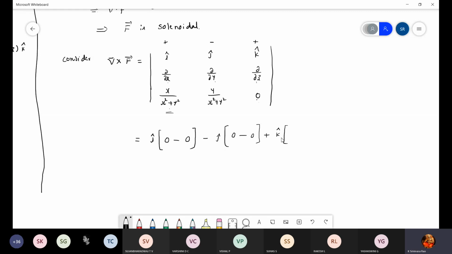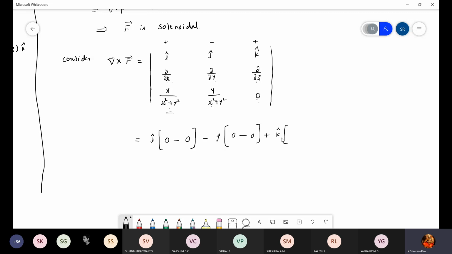First row and third column, leave. Dou by dou x of y by x square plus y square: is it differentiable or 0? Yes, it is differentiable, because with respect to x, the variable x is there in the denominator.